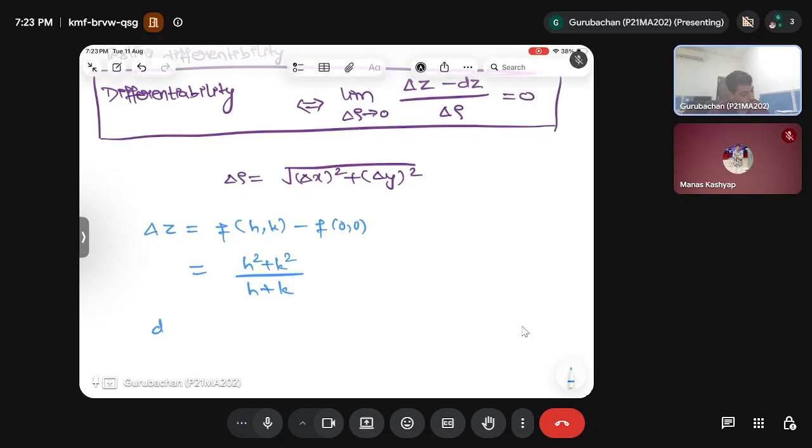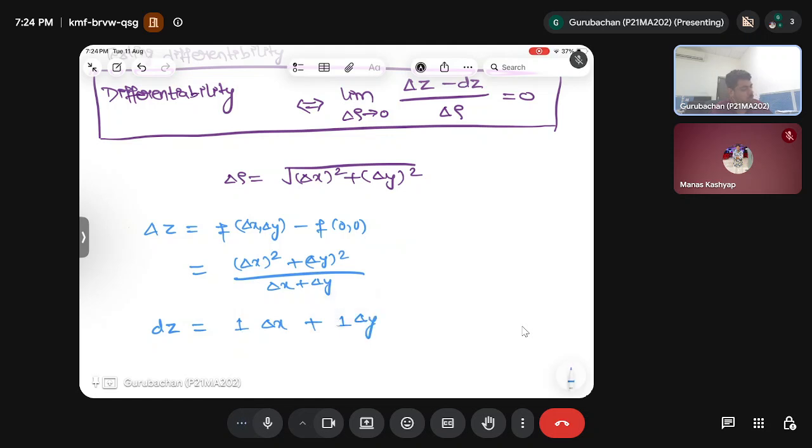And you know what dz is: fx into delta x plus fy into delta y. Since we are denoting the small change with h and k, this will be delta x and delta y, so one time delta x, one time delta y.